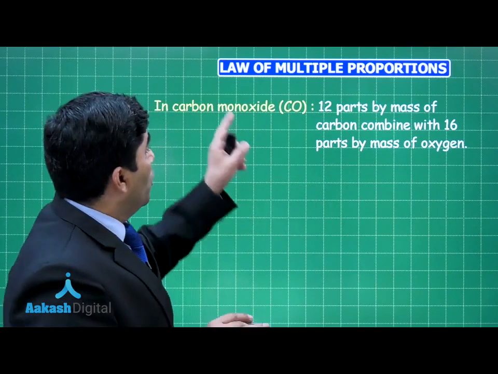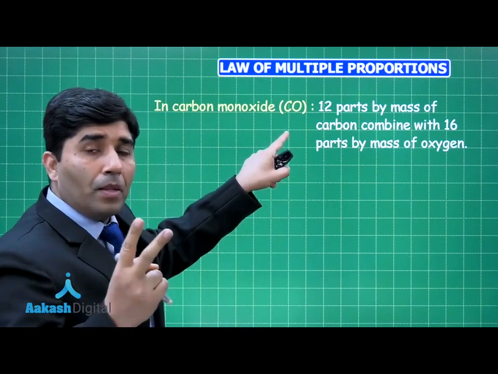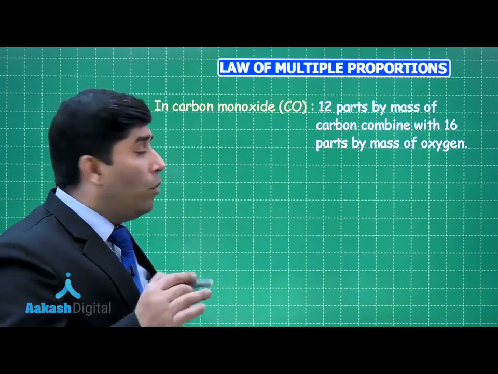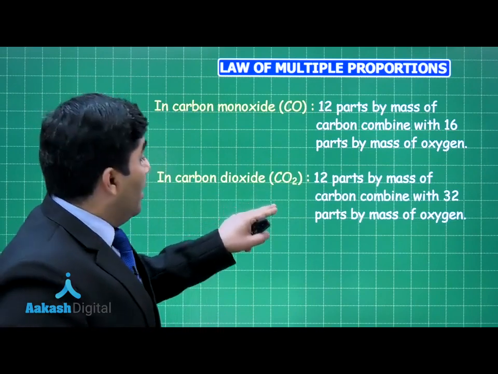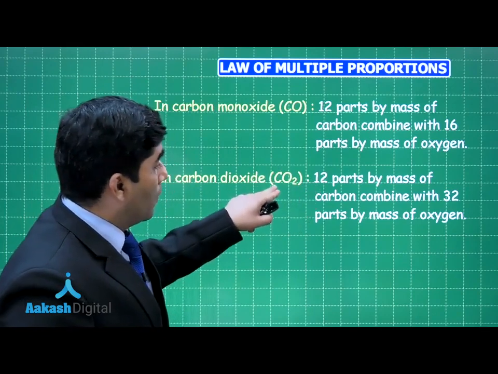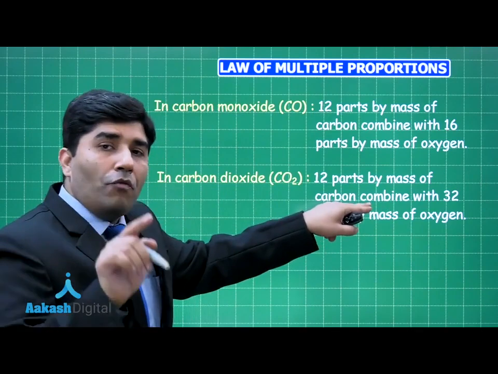Carbon and oxygen are two elements, and these two elements can form one more oxide, and that is carbon dioxide. In this oxide, 12 gram of carbon is combining with 32 grams of oxygen.